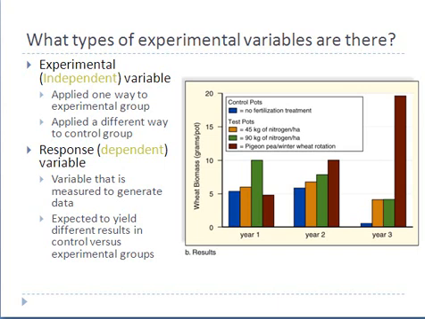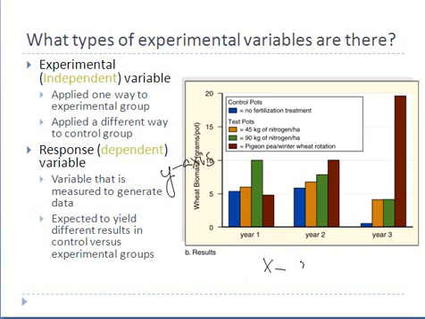The independent variable is always applied one way to the experimental group, and it's applied a different way to a control group. For example, you can see the independent variable is shown on the x-axis. The dependent variable, the variable that is measured to generate data, is usually given on the y-axis. So this is important when you're doing graphing.